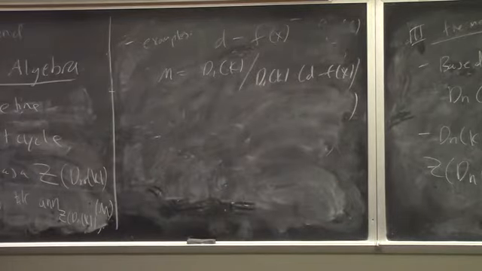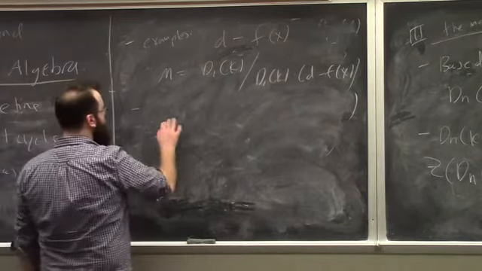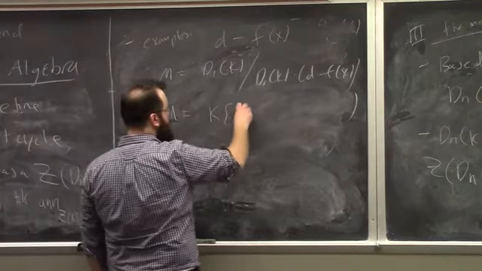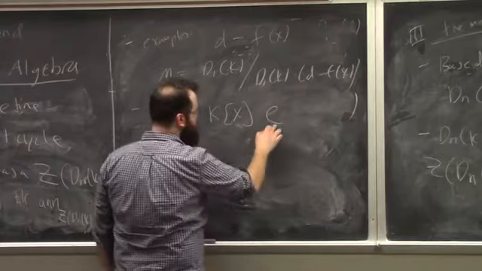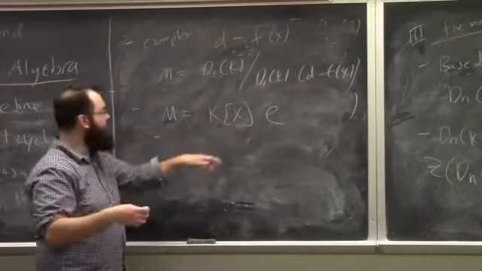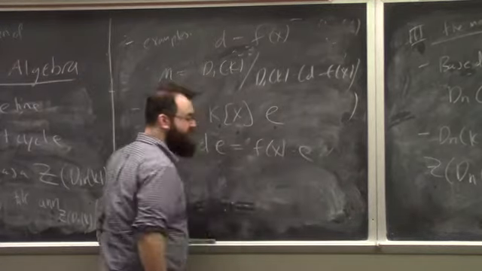How do I compute this support in this instance? Well, there's a nice formula for it. I like to write M in this case as kx times a formal symbol e. So it's just a rank 1 free module over a polynomial ring, and I have d e equals f of x times e.